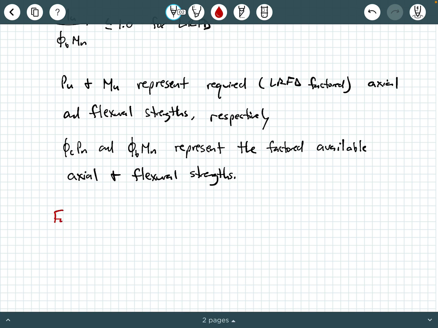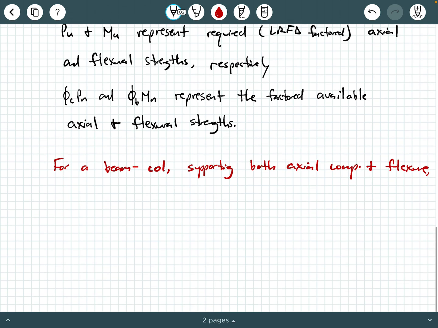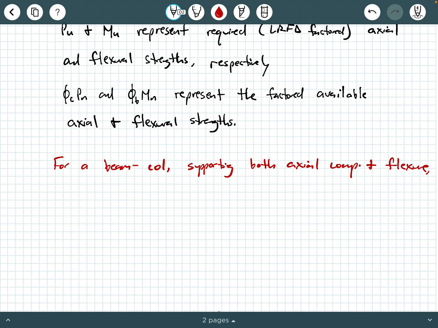For a beam column supporting both axial compression and flexure, what does the required to available strength ratio end up manifesting itself as?